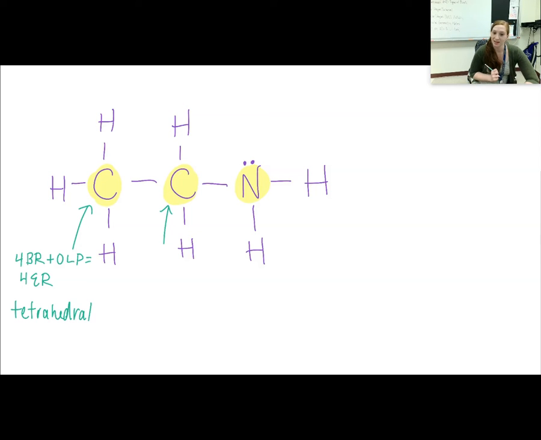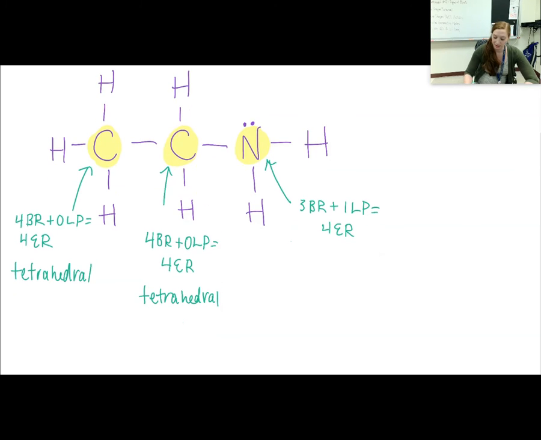This carbon here as well has 4 bonding regions and 0 lone pairs, which gives me 4 electron regions, which is also tetrahedral. And then finally, our nitrogen, 3 bonding regions plus 1 lone pair, also is 4 electron regions, but this time the geometry is going to be trigonal pyramid.